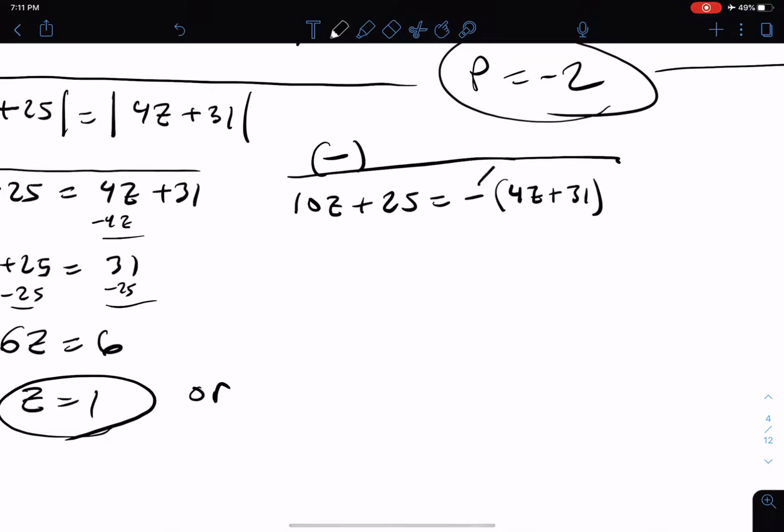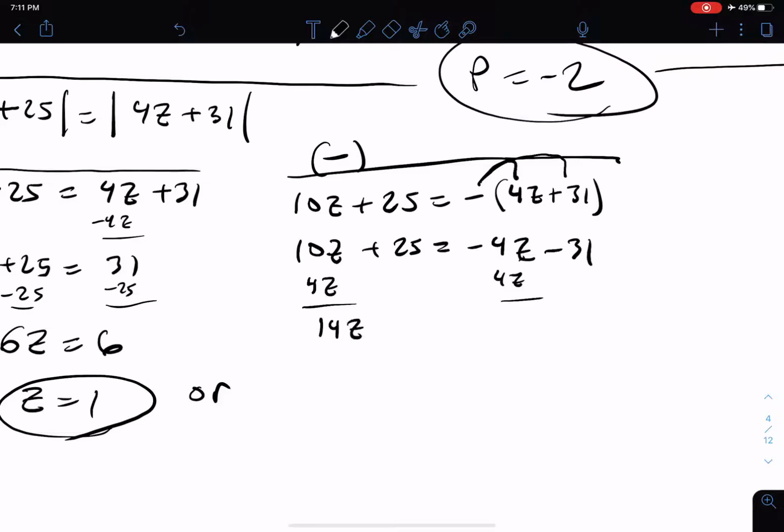Or, what's this answer going to be? Don't forget to distribute your negative. That's the first thing you should do. Negative 4z, and a negative times a positive 31 is negative 31. Super important step. The most common place to screw it up. Add 4z to both sides, which gives me 14z plus 25 equals negative 31.